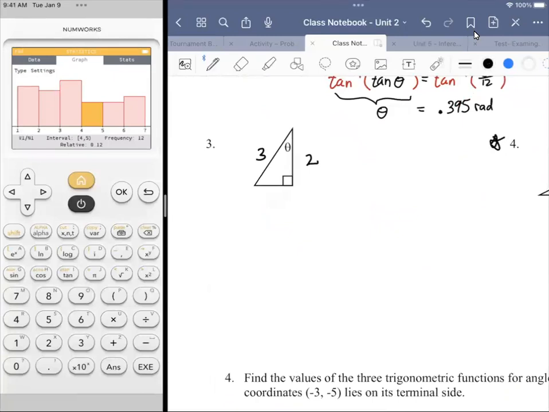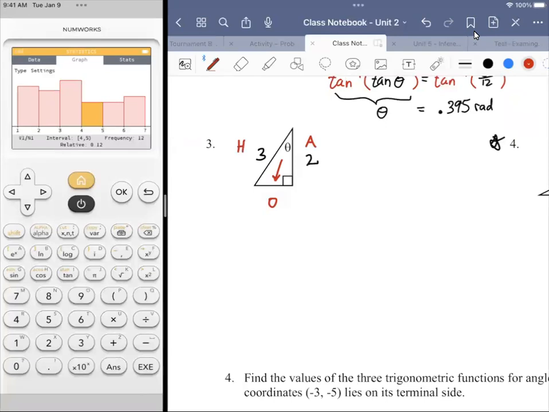The side opposite the 90-degree angle is always your hypotenuse, poor quality H. Let me fix that. The side that's opposite the given angle, so this one over here, that would be the opposite. And the remaining side would be the adjacent. If you identify the opposite side and the hypotenuse, then the other one has to be adjacent.